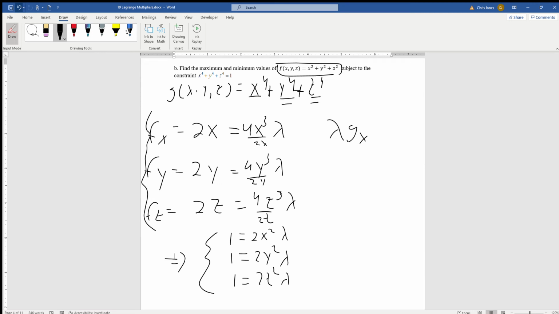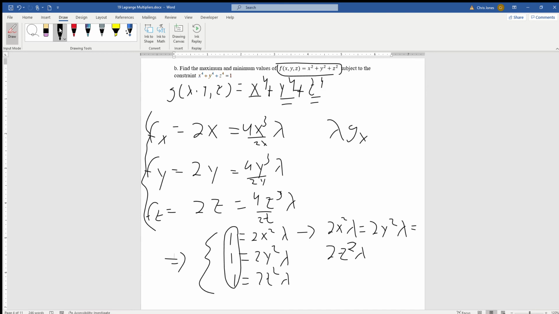All right, and since they're all equal to 1, we could set each of these equal to one another. So 2x squared lambda equals 2y squared lambda, which equals 2z squared lambda.